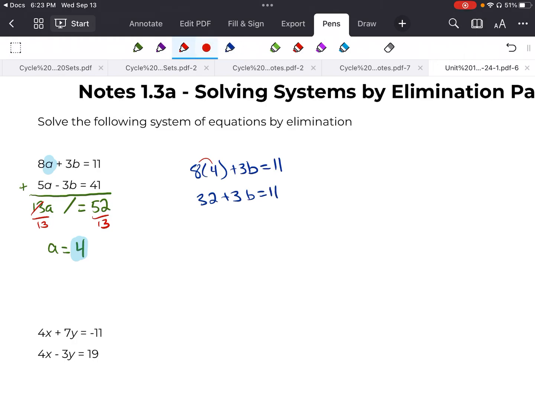Isolate for b by subtracting the 32, and dividing by your coefficient again, and b equals negative 7. So the point of intersection here, we're going to go in order of alphabet, is 4, negative 7.